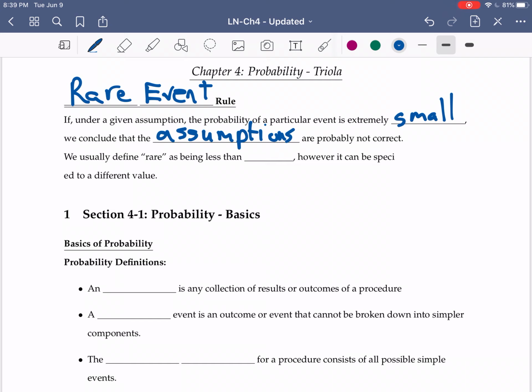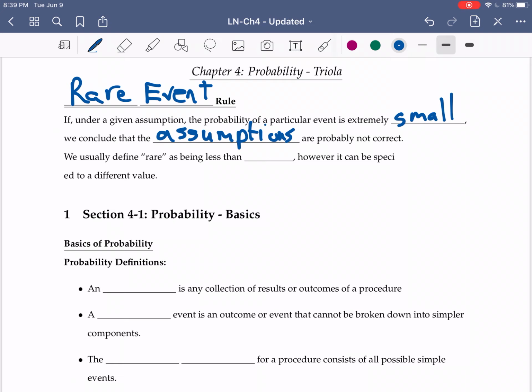So whatever assumptions were made that arrived at that small probability, the likelihood of that event being very small, we would say those assumptions are probably not right.